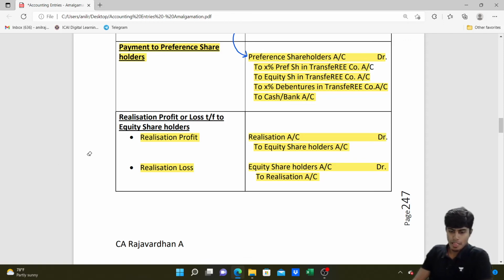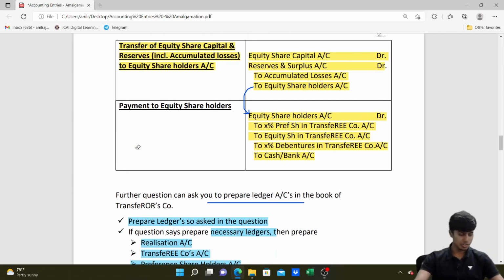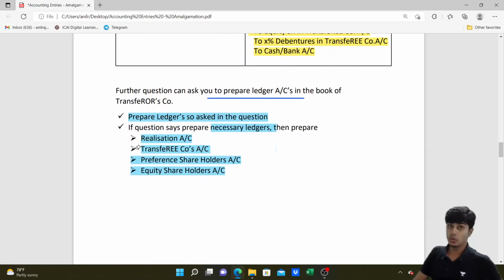Done. Last one, payable and payment to equity shareholders. Amount payable, PC payable to equity shareholders and payment to equity shareholders. Note on ledger.